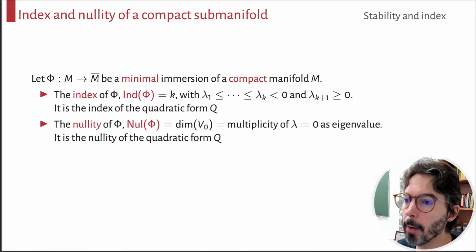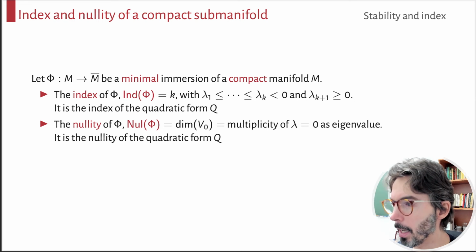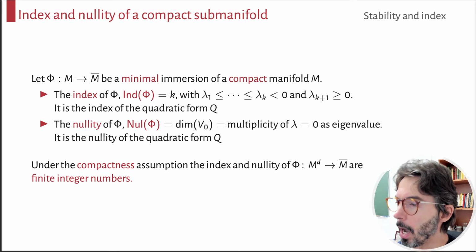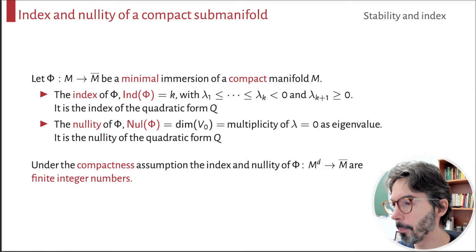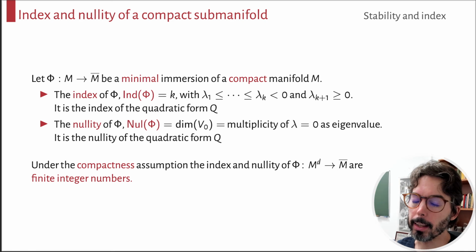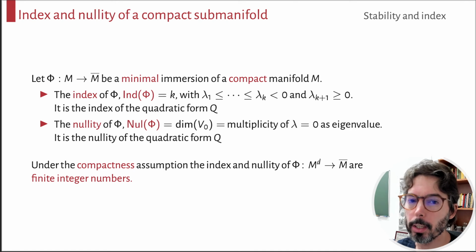I mean, it is the multiplicity of 0 as an eigenvalue. And again, it is the nullity of the quadratic form Q. And then under the compactness assumption, both numbers are finite integers. Okay? Geometrically, the index is the number of independent directions in which we can deform the submanifold decreasing the volume.